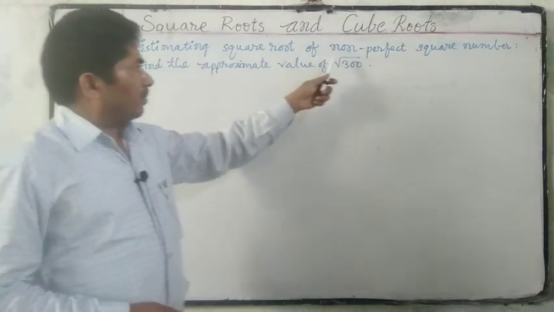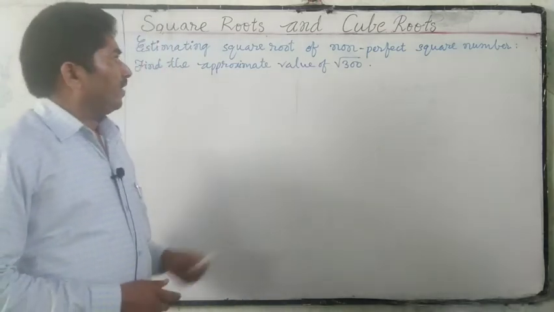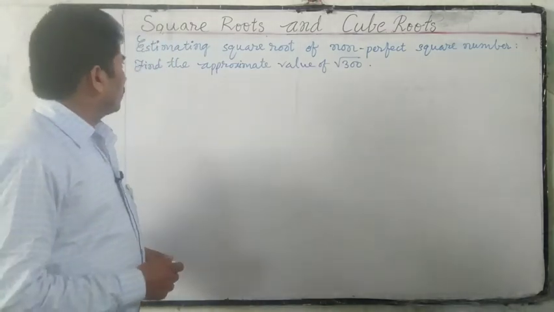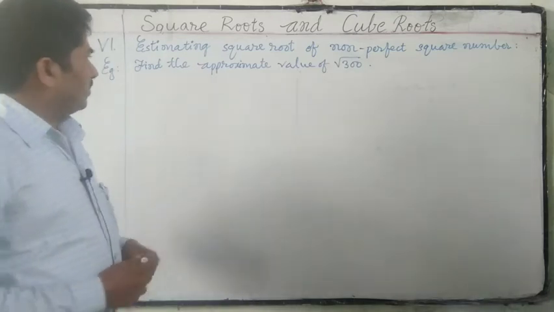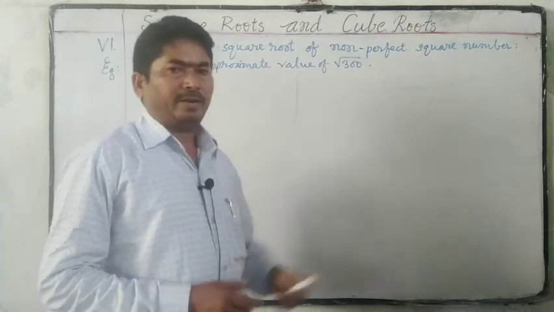Estimating the square root of a non-perfect square number. Here we have an example. Find the approximate value of the square root of 300.